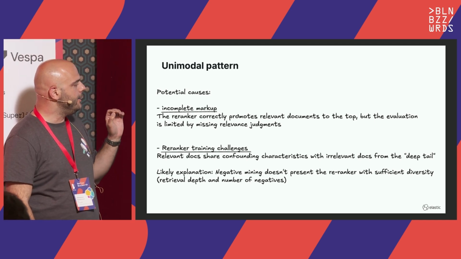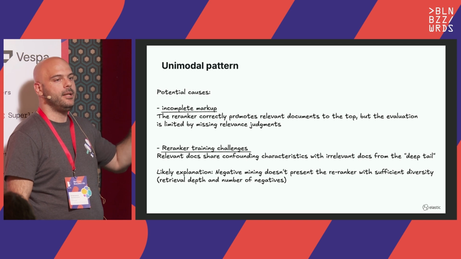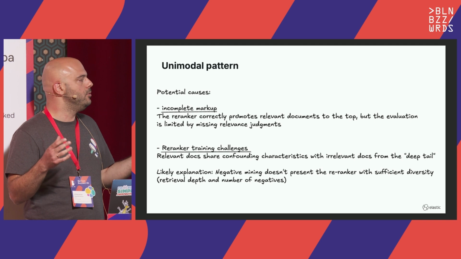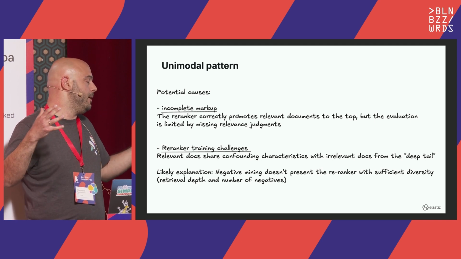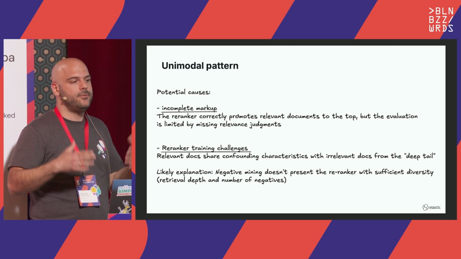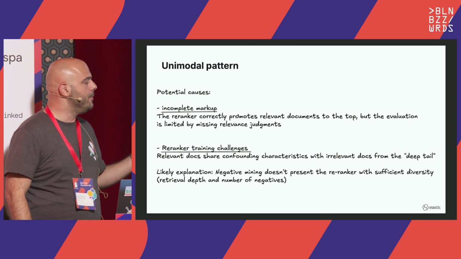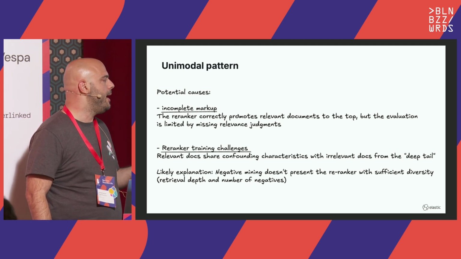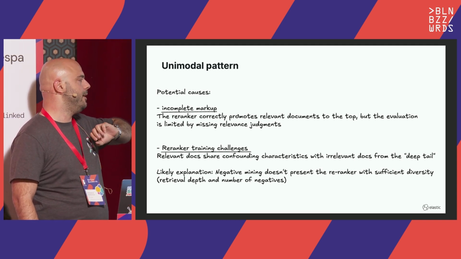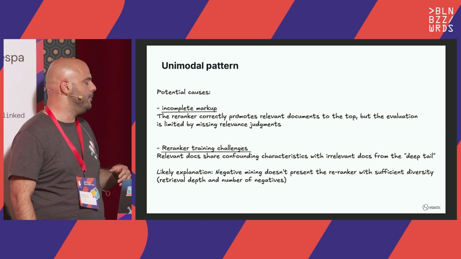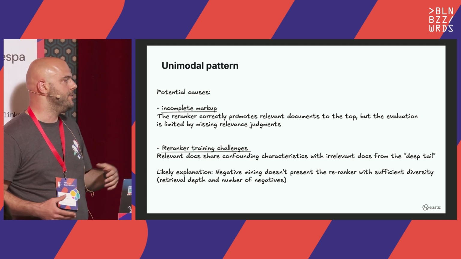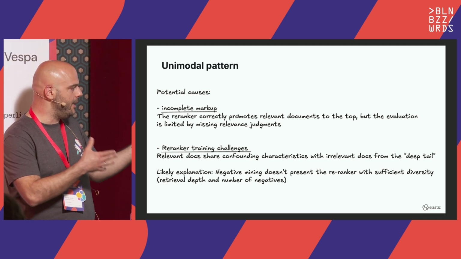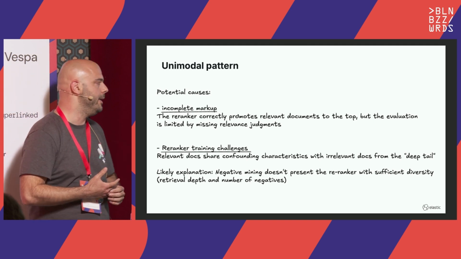And a very typical negative mining process for the cross-encoder models is to do some shallow sampling, like get the top 10, 20 documents from a retrieval system, remove the positive ones, and keep the rest as the negatives. And as we move higher in the list, we get harder negatives, because these are documents that are semantically relevant, but they are not actually answering the query.